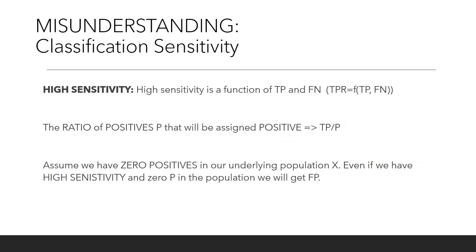So let's now go into the misunderstanding of classification in terms of, for example, sensitivity. High sensitivity, is it always good? So we have a testing device that is extremely robust. We have very high sensitivity. We've seen, for example, that the PCR might be very good in terms of getting positives, and it gets maybe very few false negatives and false positives, for example, but maybe it takes too long to perform.